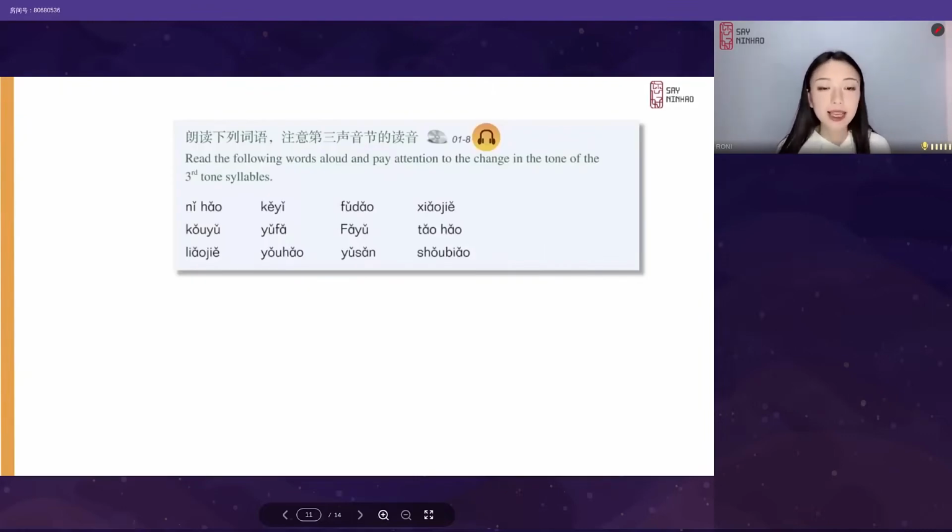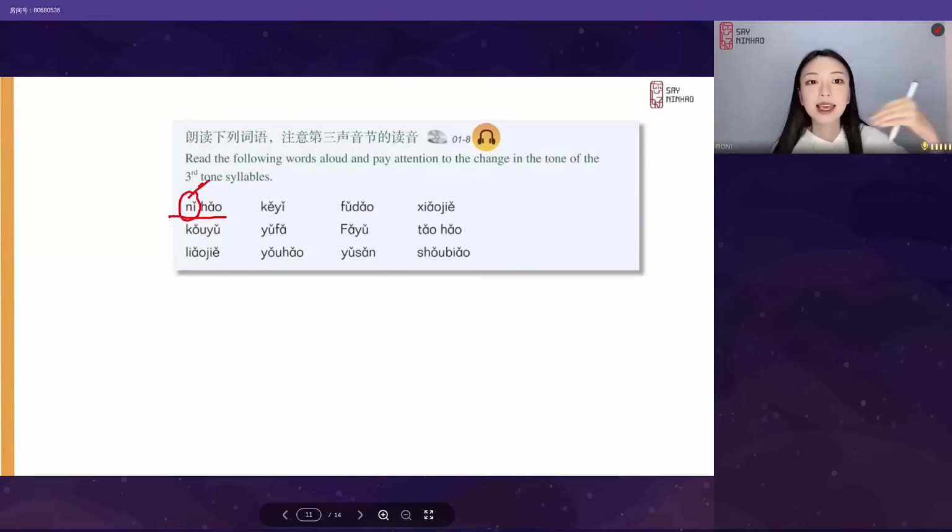There are many two third tone syllables together. So now let's try to practice, try to read them. First one, 你好. We should change the former one into second tone, right? Change it to 你, change it to 你.